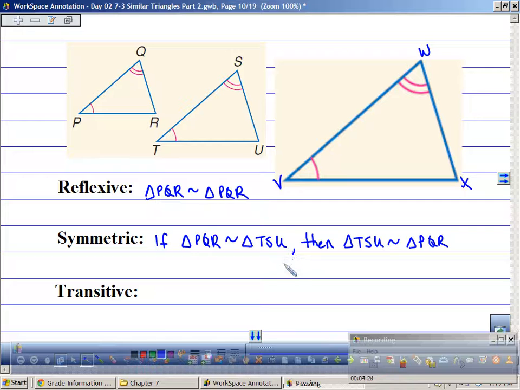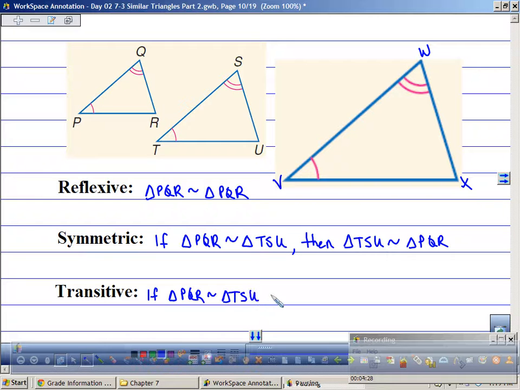Who wants to do transitive? My favorite. You want to try it? I'll start you off. If triangle PQR is similar to what? Good.